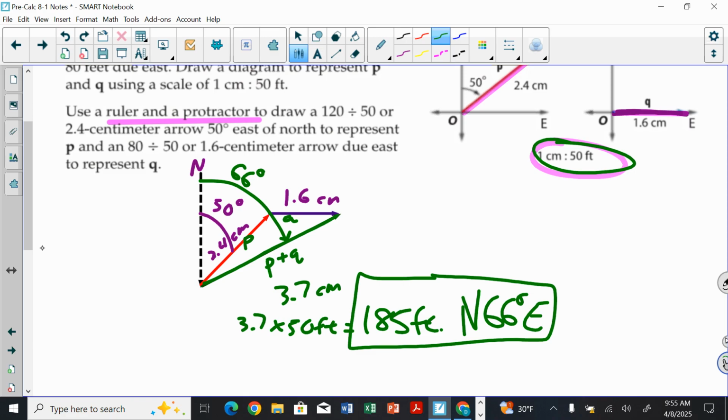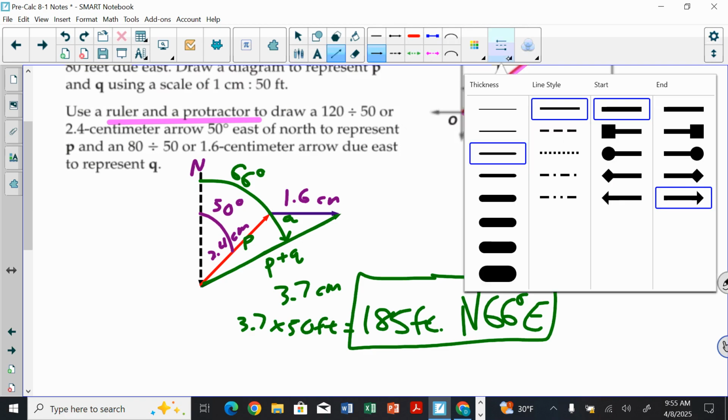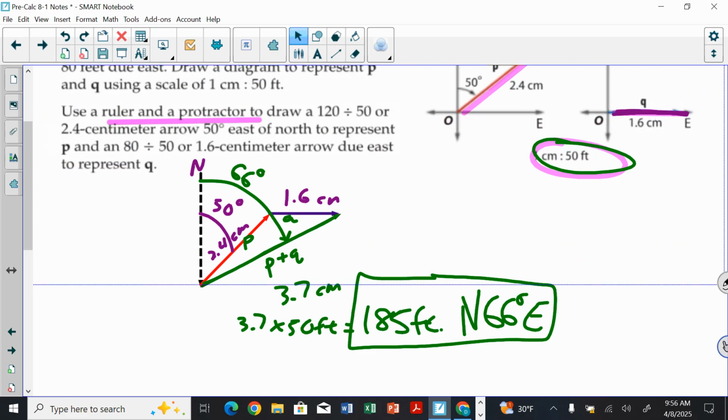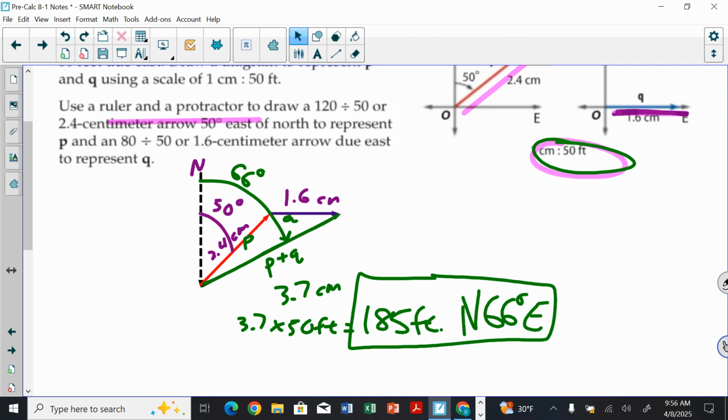If I do the same things, I'll use red again for that same vector. Okay, so if I go and draw, this is, say, the P vector.